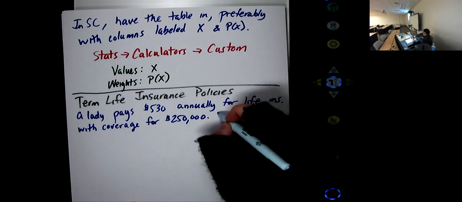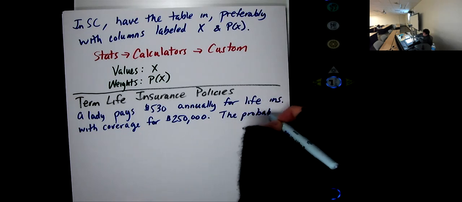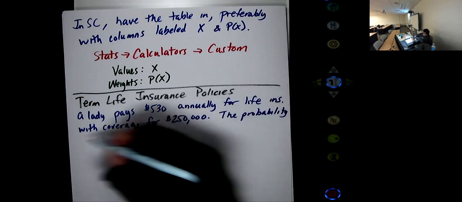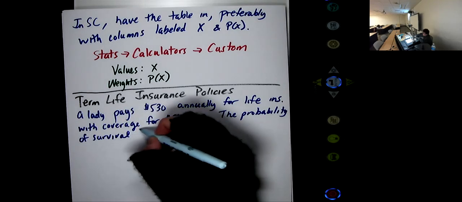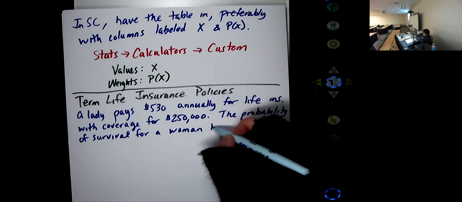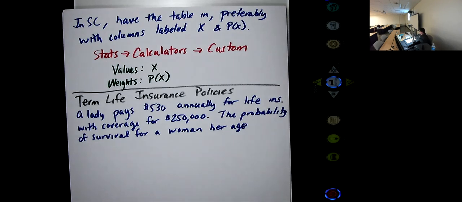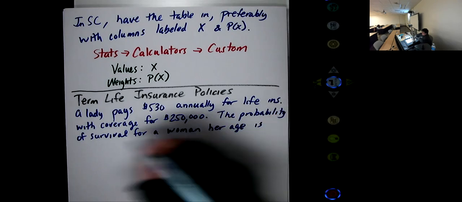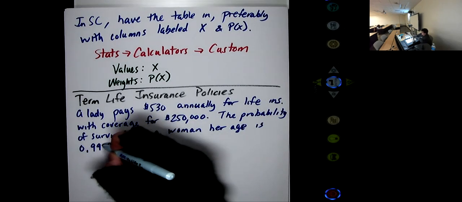The probability of survival for a woman her age, for the year, just the 1 year of the insurance, is 0.99791.